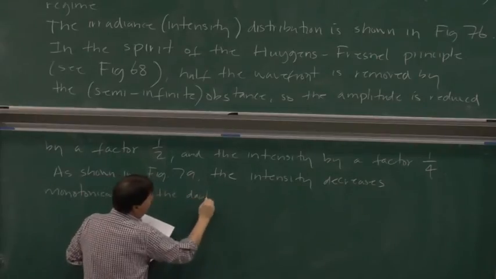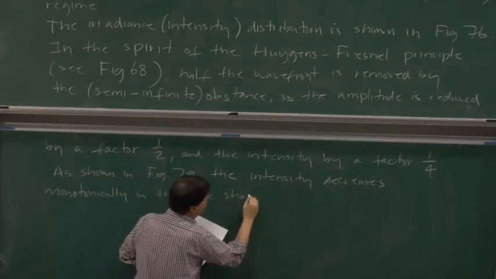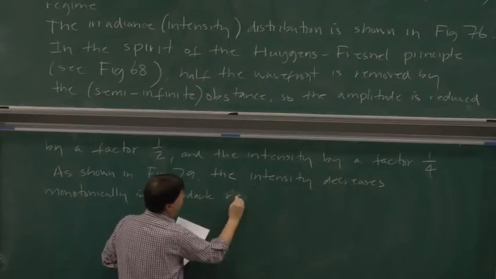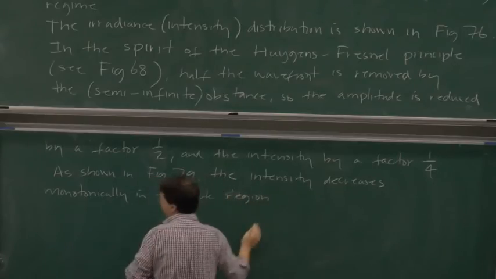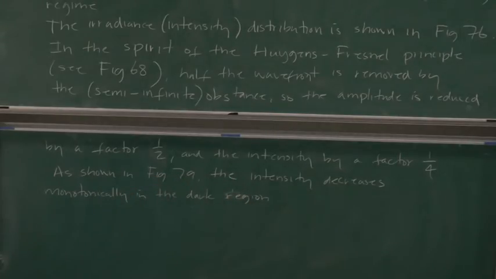If you're in the shadow region behind the wall, in the dark region, you don't get any oscillations in intensity. This arrow, as you go from the origin to any point in the dark region, shown as figure C here, is winding away and away from the origin, and the arrow just gets longer and longer. So by looking at the spiral, you get this monotonic decay in the dark region.